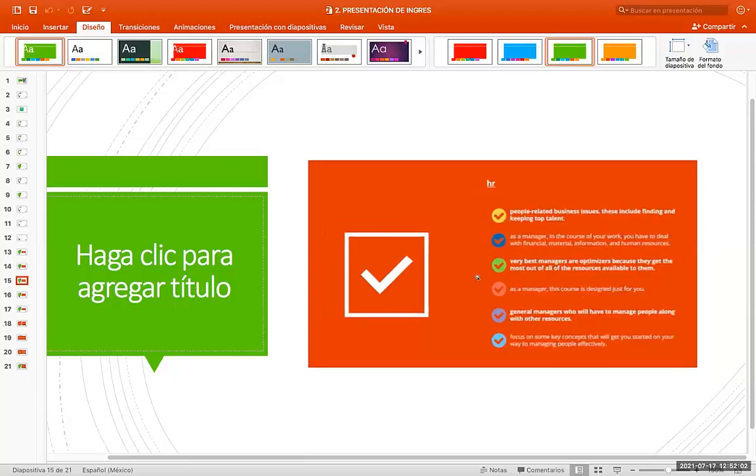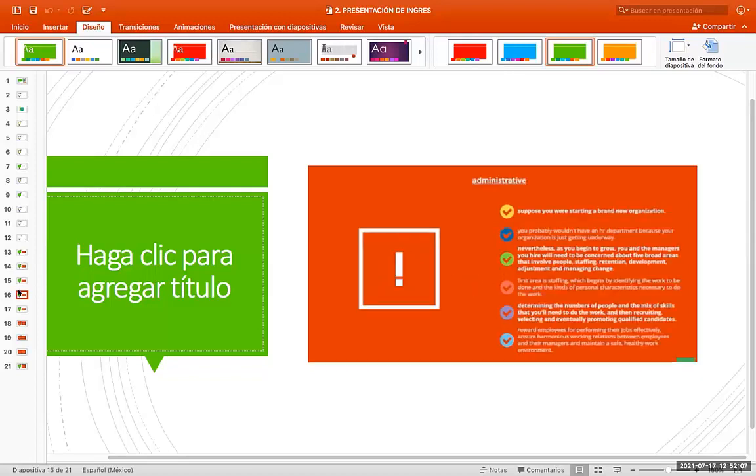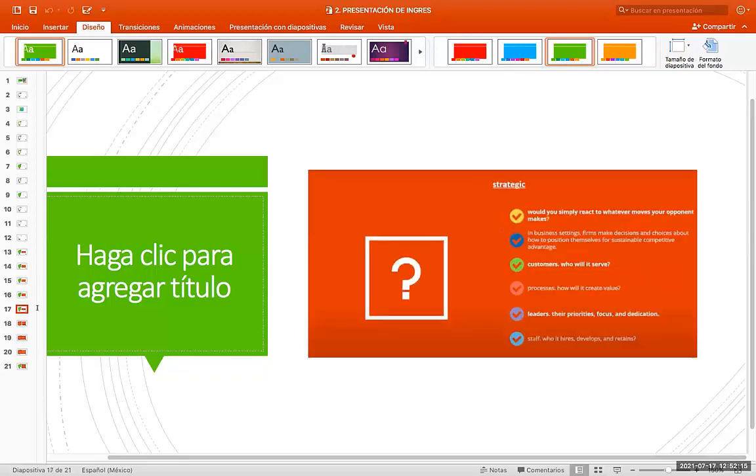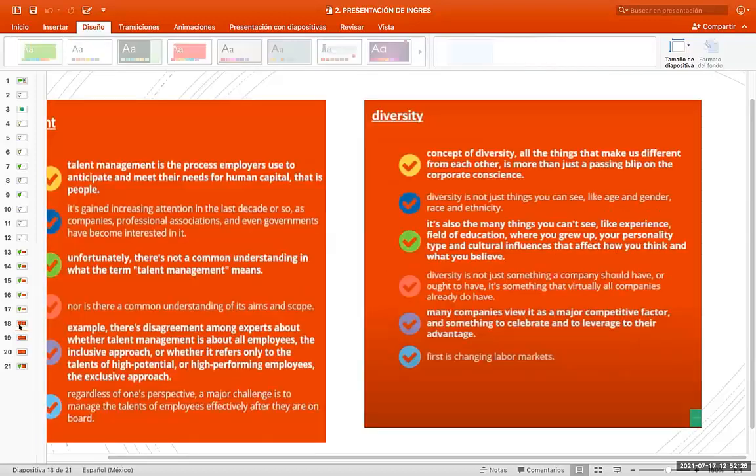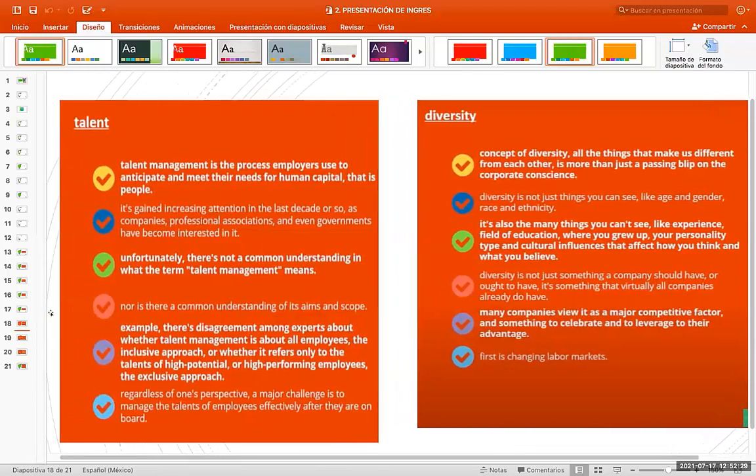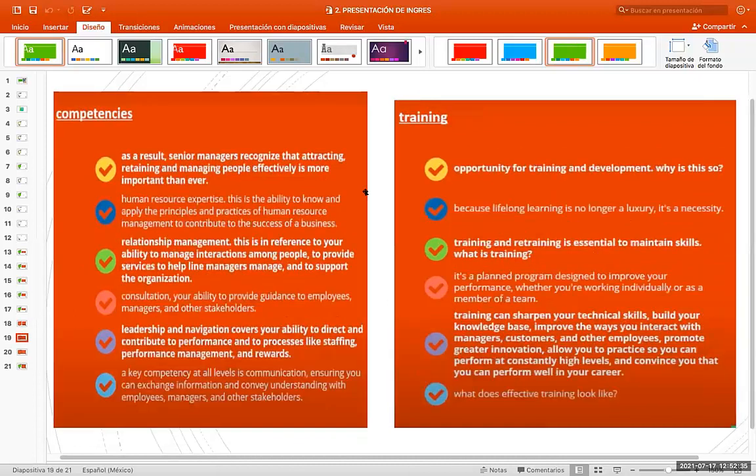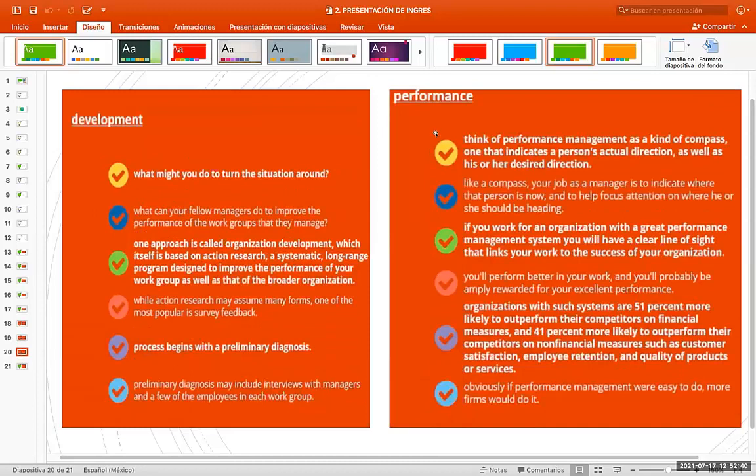Human resource explains all the points that we have to consider in this topic, and then the administrative item is developed according to the human resource that we have to consider, and strategic in order to develop human resource, and then talks about talent and diversity, the competencies, training, development and performance.